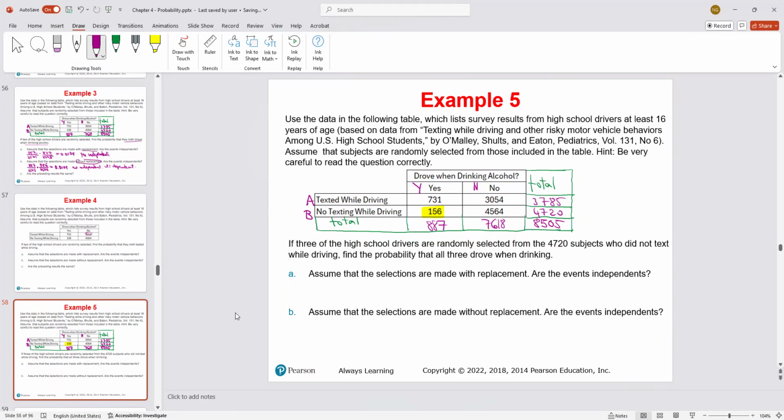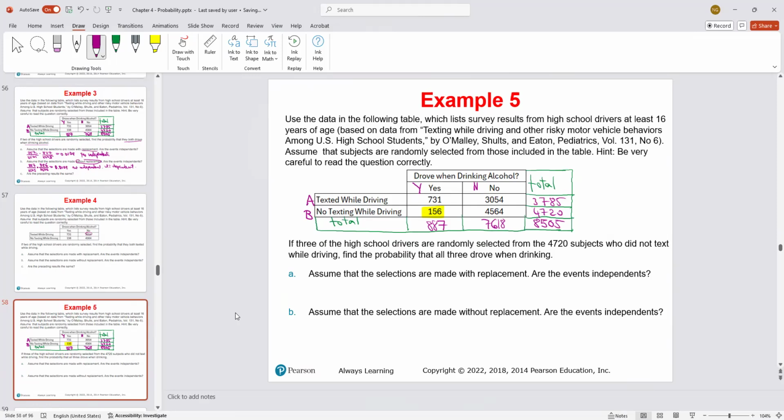They said, if three of the high school drivers are randomly selected from the 4,720 subjects who did not text while driving, because that's the number we're going to take.